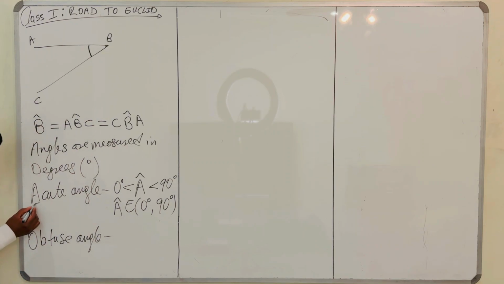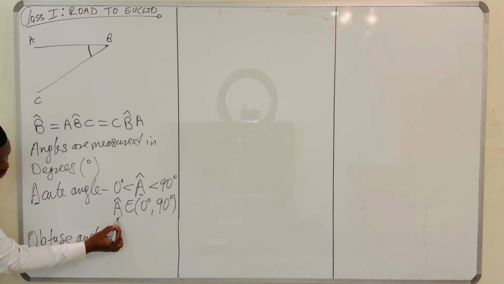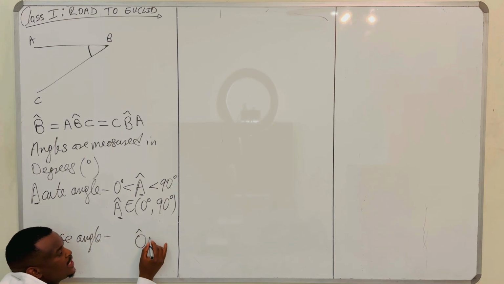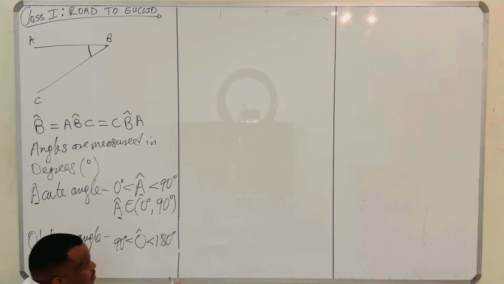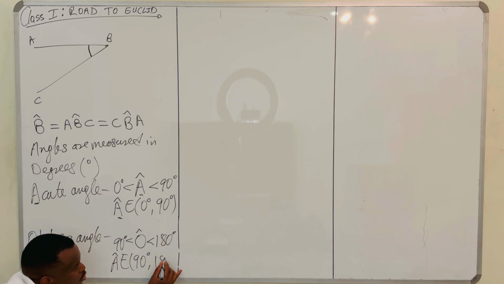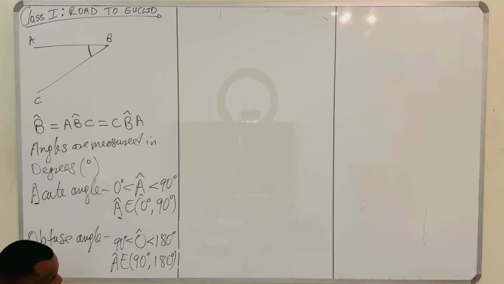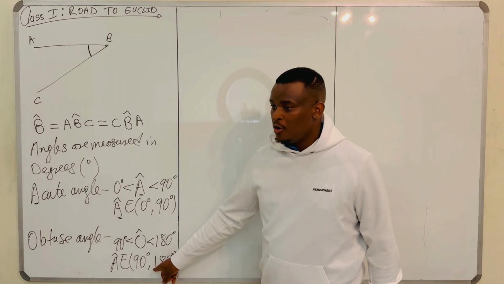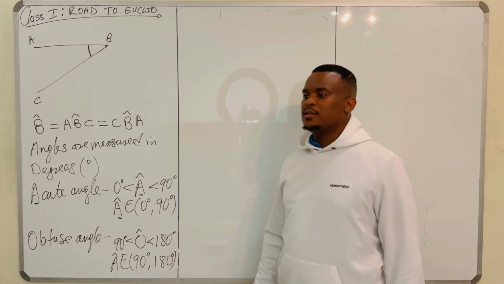Because I used A before, I'm going to use O. So your obtuse angle O is more than 90 degrees, but less than 180 degrees. That's the definition of an obtuse angle. Or you can say your obtuse angle is an element of 90 degrees to 180 degrees. So, any angle that falls in this interval is an obtuse angle.